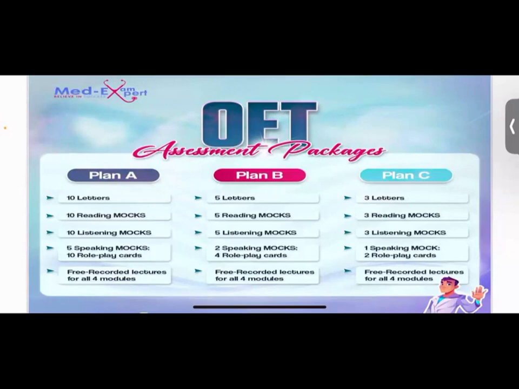And if you think your scores are very good, but you are struggling a little in the writing and speaking modules, while your listening and reading scores are high, then you definitely need a mentor for speaking and writing. You can avail plan C, which is 3 letters, 3 reading mocks, 3 listening mocks, 1 speaking mock, and free recorded lectures of all 4 modules.